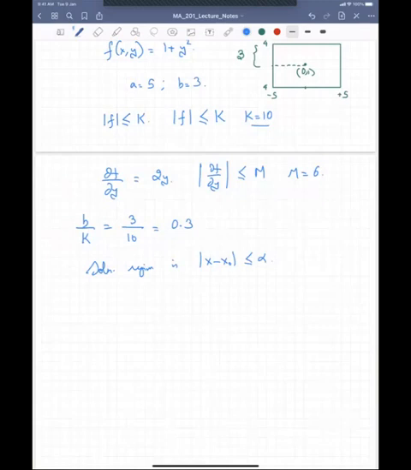So in this case, we chose a, but we were being a little too ambitious. We cannot claim that a solution exists anywhere between x0 minus 5 and x0 plus 5. It turns out that in this example, a solution can only exist around x equal to 0.3. Something very small like that.